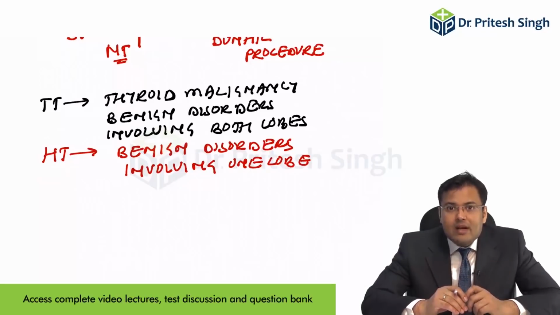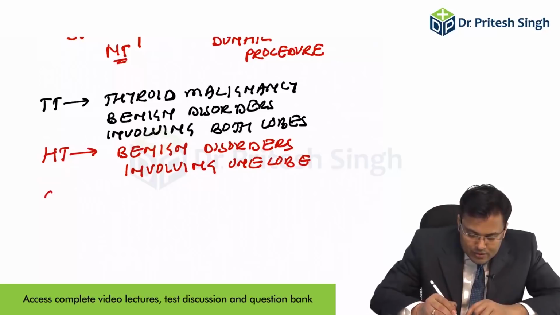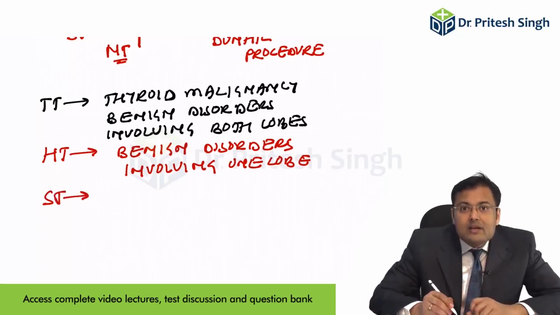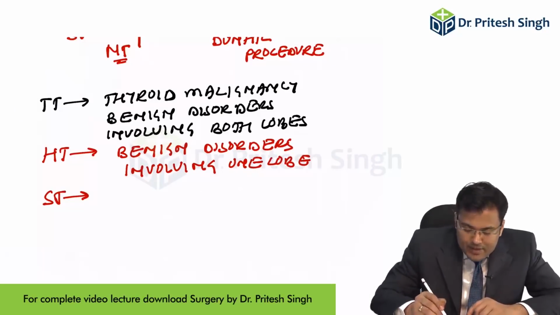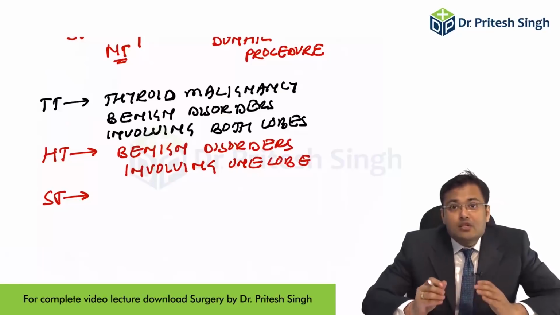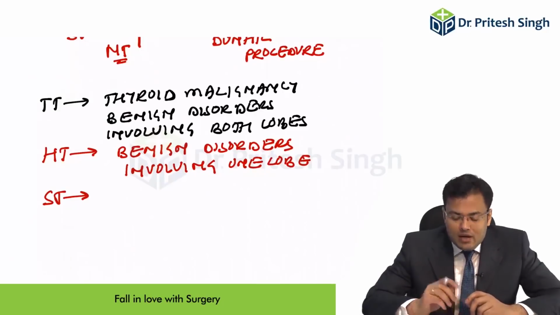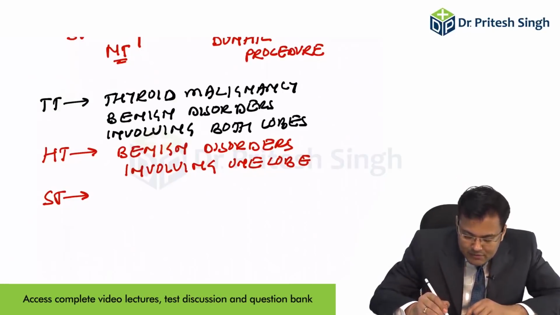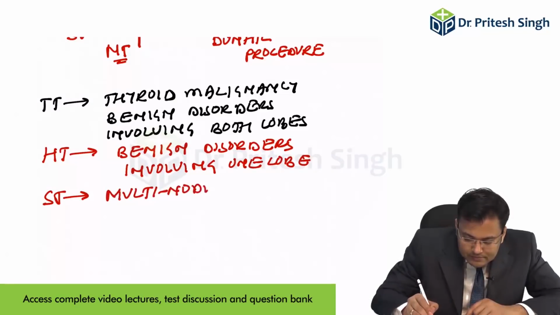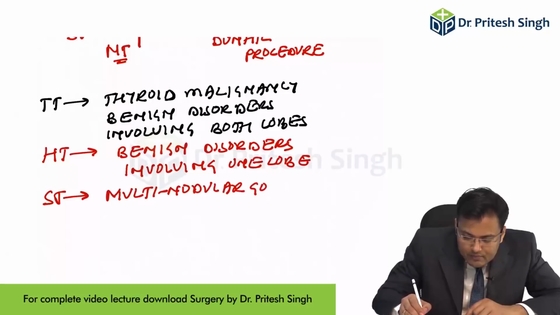That's why nowadays subtotal thyroidectomy is reserved for the patients in whom there is no recurrence after 20 to 30 years. It means which patient? Elderly. So subtotal thyroidectomy is performed for multinodular goiter in elderly.